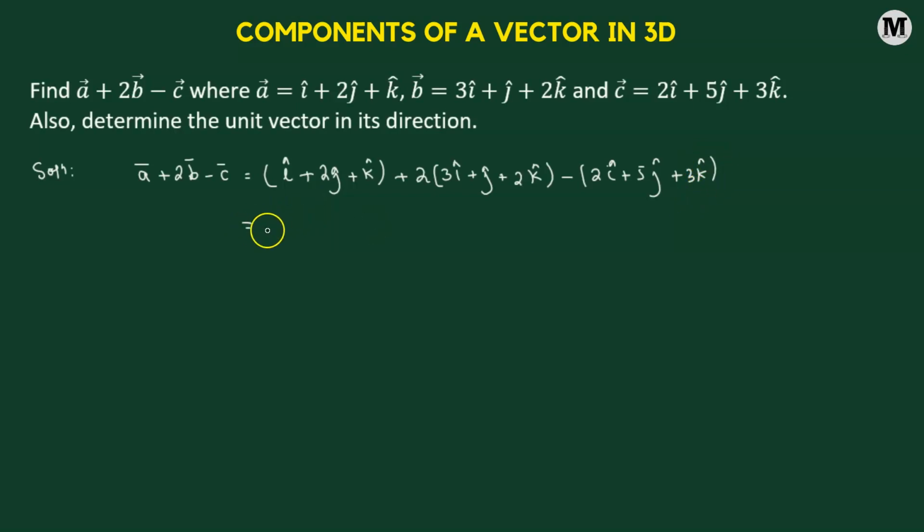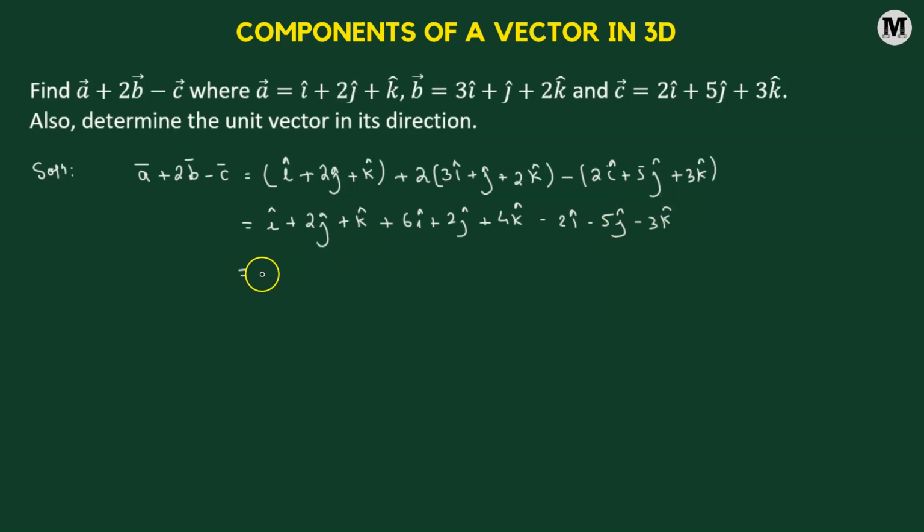Let's further simplify. We're going to get i cap plus 2j cap plus k cap plus 6i cap plus 2j cap plus 4k cap minus 2i cap minus 5j cap minus 3k cap.